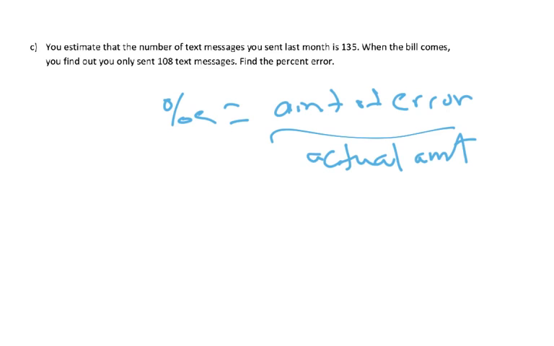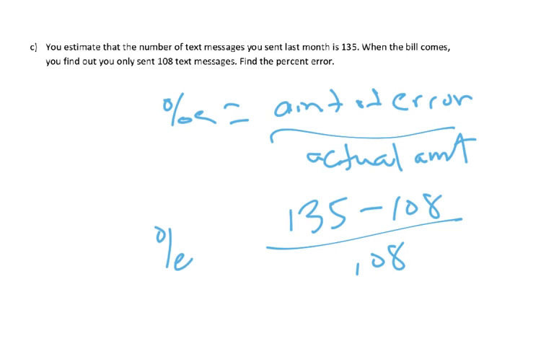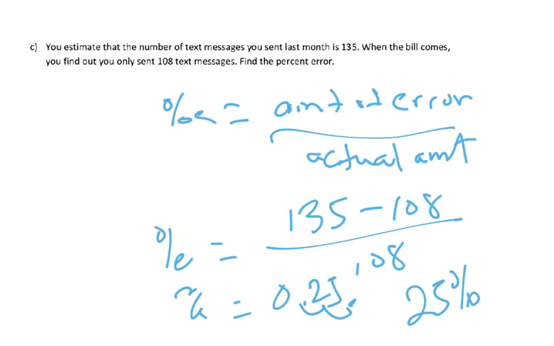Okay, so I'm going to take 135, subtract 108, all over 108 will bring my percent of error here. Okay, and you'll definitely use a calculator for that. And when I get that, remember, percent's 1, 2, move your decimal, 25% error.